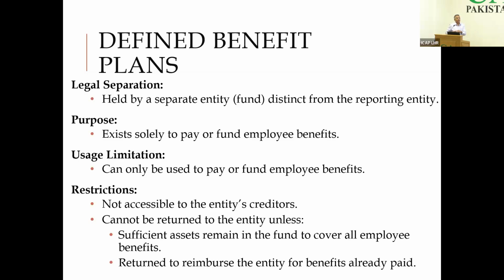And that's why whenever there is a surplus in the balance sheet, you apply the concept of ceiling, whether this surplus is available to the creditors of the employer. If not available, you derecognize plan asset, and you only recognize plan assets up to the extent to which the surplus is available to the creditors of the employer.